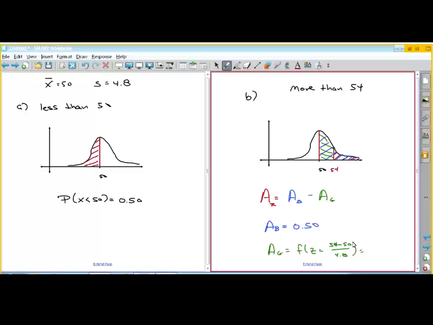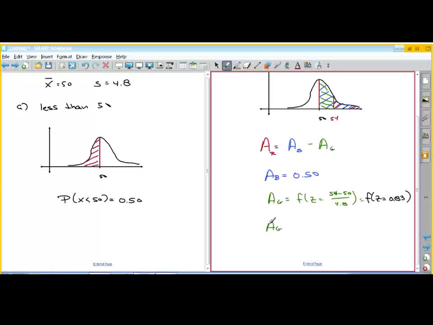So let's see what the z-score comes out to be from that calculation. Okay, so we have 54 minus 50 divided by 4.8. And so this is a function of z equals positive 0.83.